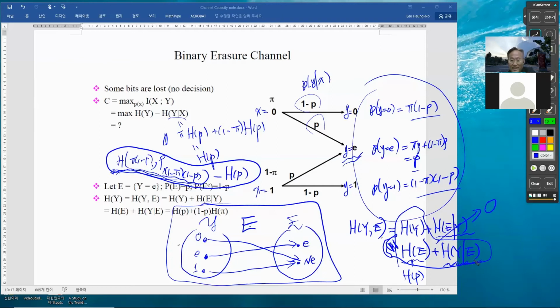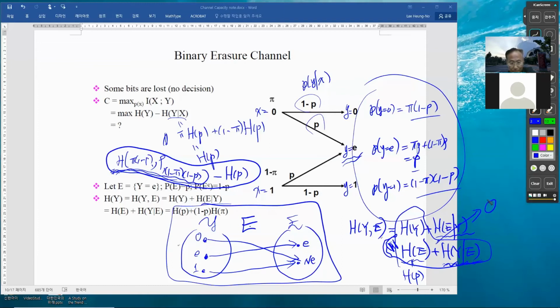When E is equal to small e, that occurs with the probability p, right? So that's what we can figure out.